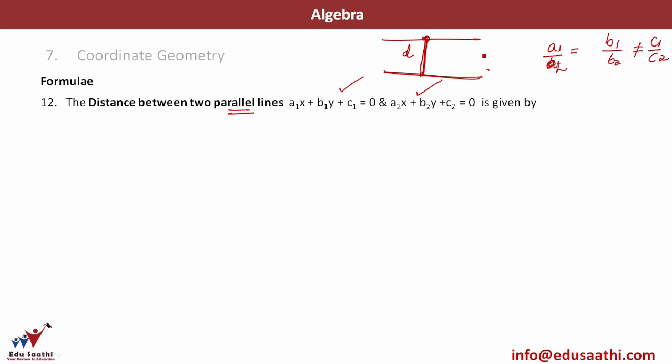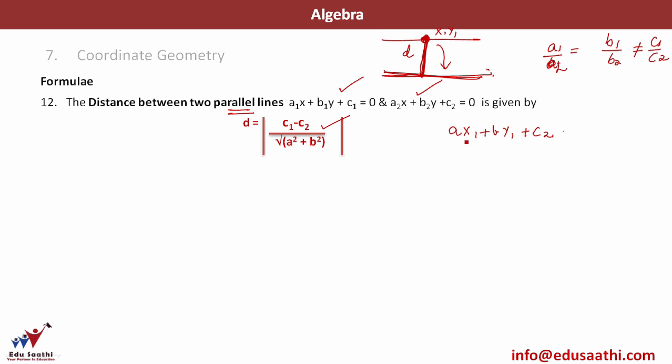Now this distance would be given by: you take a point on any one of the lines, put it in the equation of the second and divide it with the square root of a square plus b square. So the formula that you will end up with is the difference in their constant terms, c1 minus c2, over the square root of a square plus b square. If you take any point (x1, y1) and put it in the equation of this line, what you will have is ax1 plus by1 plus c2.